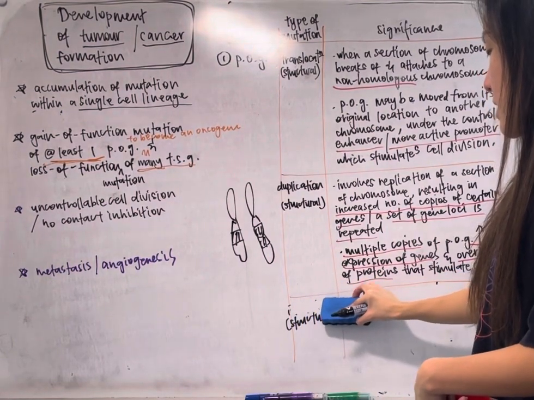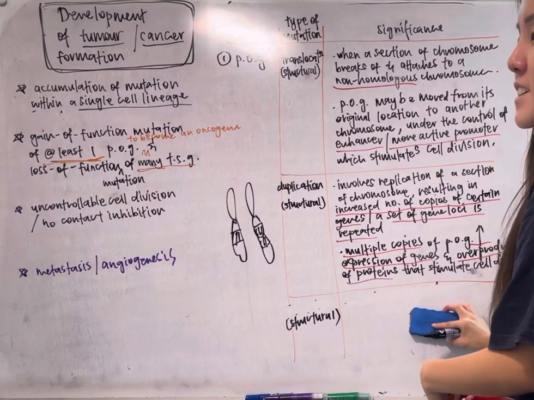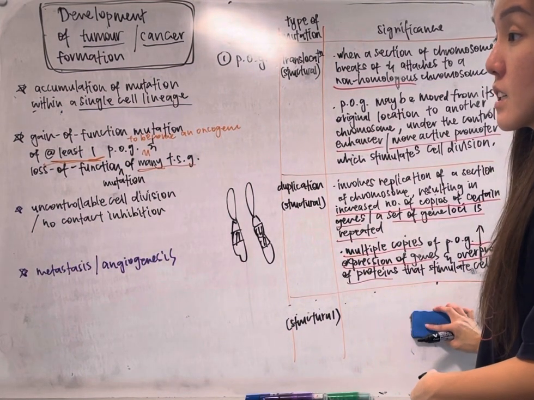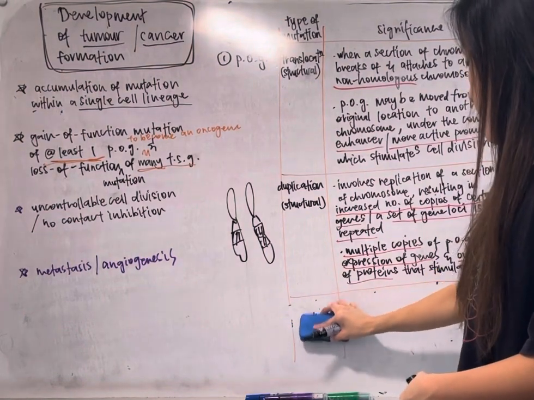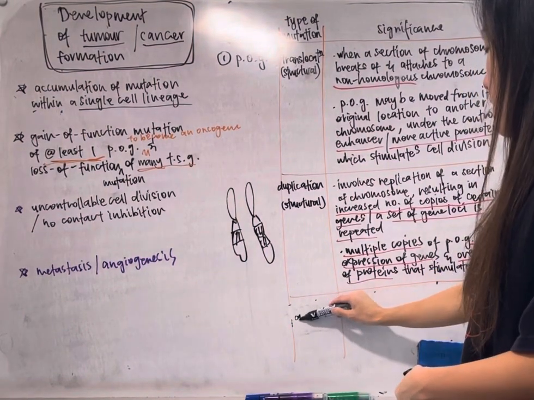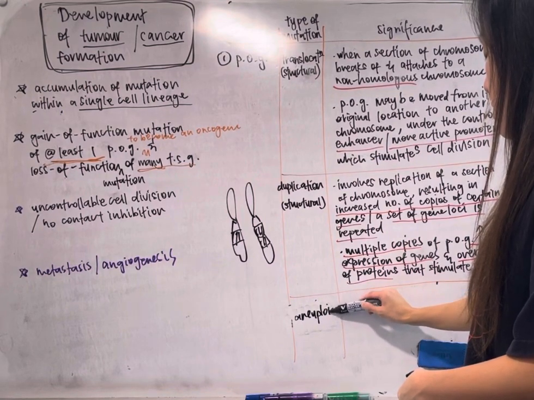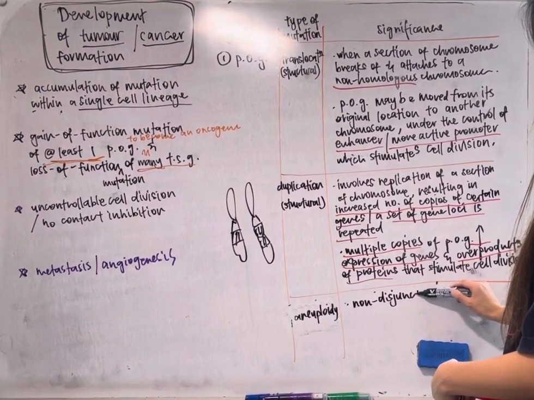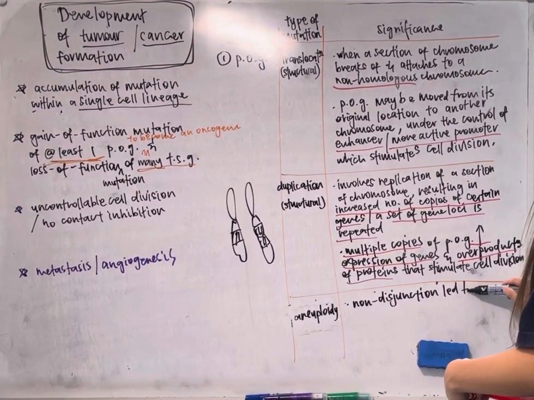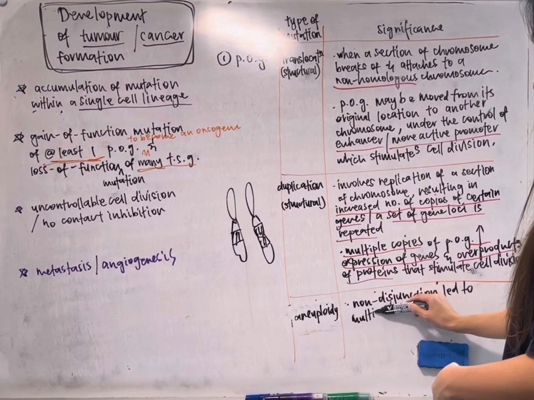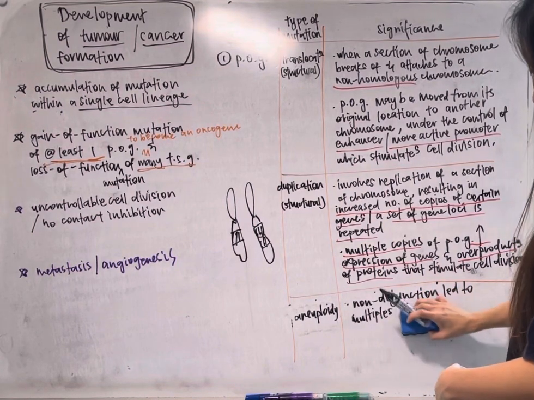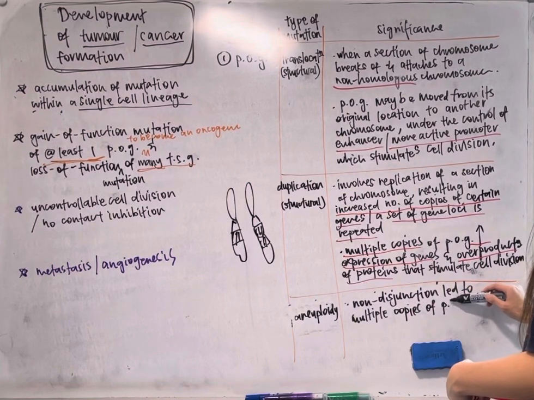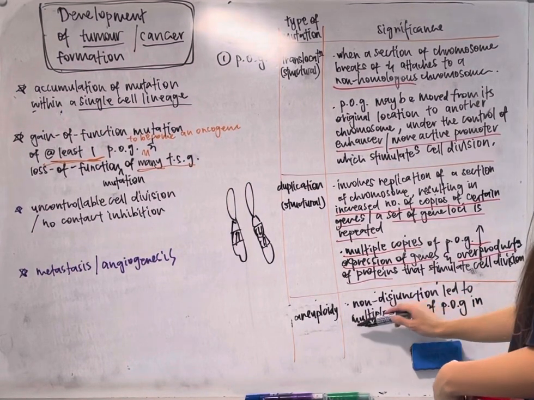So, is there any more? Ashley, tell him. Aneuploidy. So we also can have aneuploidy. Same thing, okay? Non-disjunction led to multiple copies of the proto-oncogene in a cell.